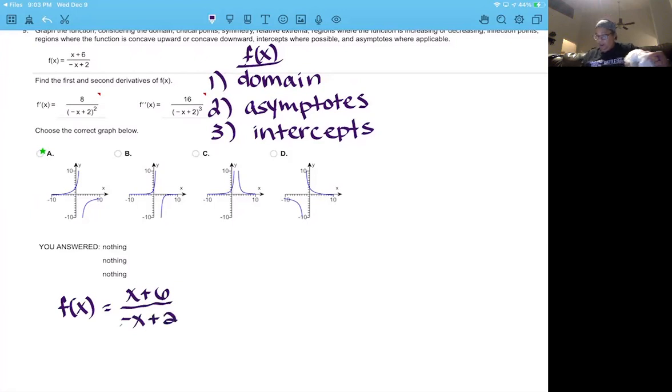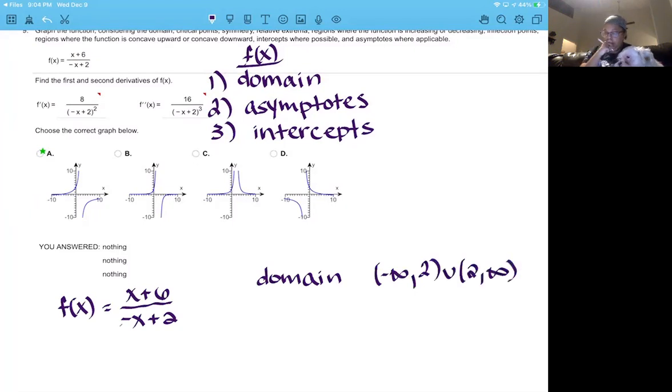I'm going to start with the domain. I know it's defined everywhere except for x equal to 2. So my domain is negative infinity to 2 and 2 to infinity. All right, my asymptotes. I have a vertical asymptote.